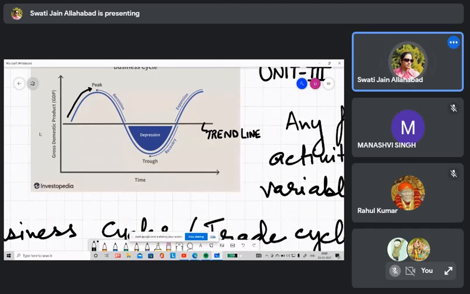So after peak, when the economic activities are slowing down or there is a downfall, this is contraction. This contraction is also known as recession.